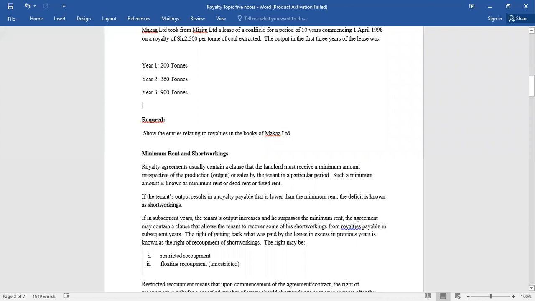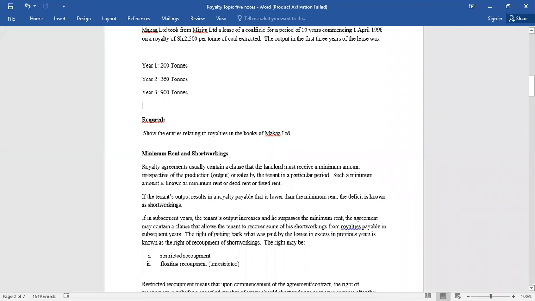So irrespective of whether we are going to extract anything from the mine or not, or if we are going to get any output, or the output is less or more, we are going to enter into a contract and make a minimum deposit. This is what we call the minimum rent, or the dead rent, or the fixed rent.